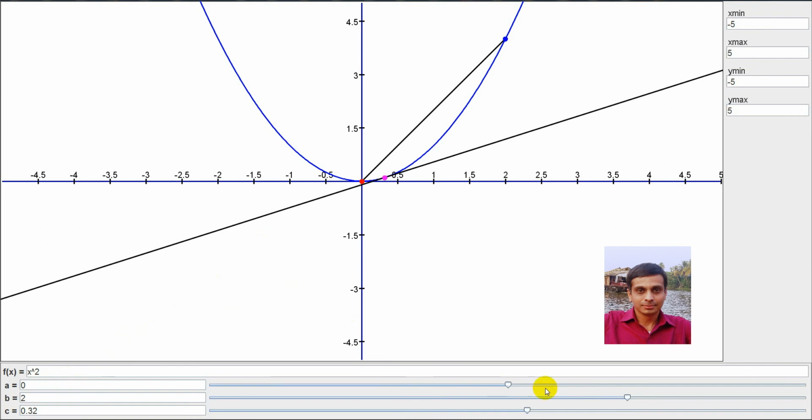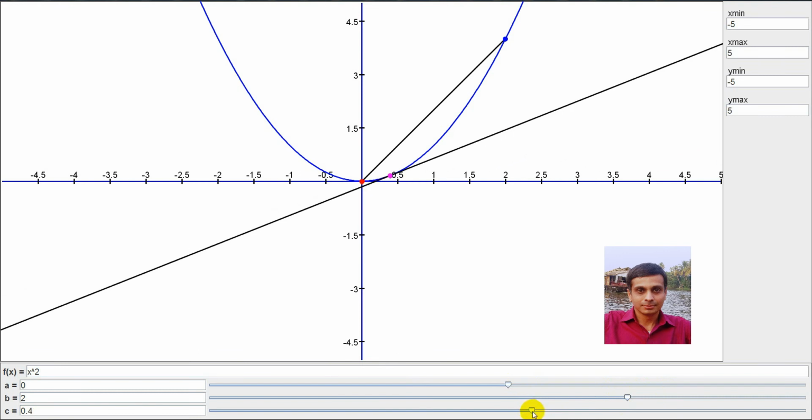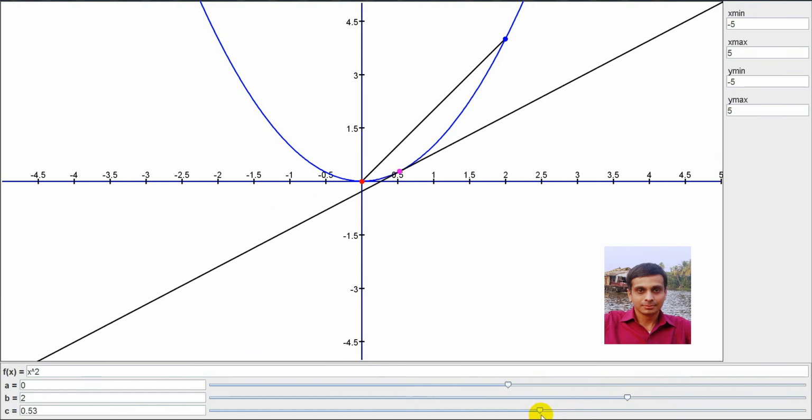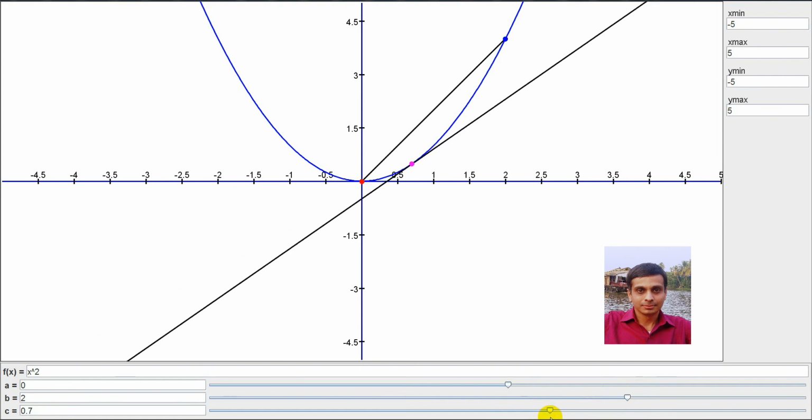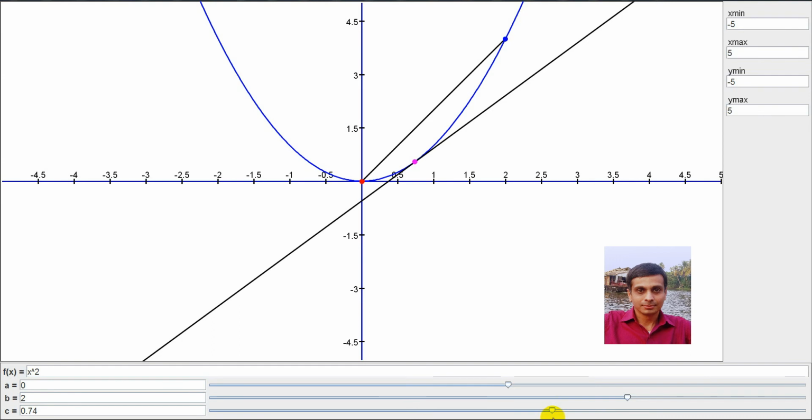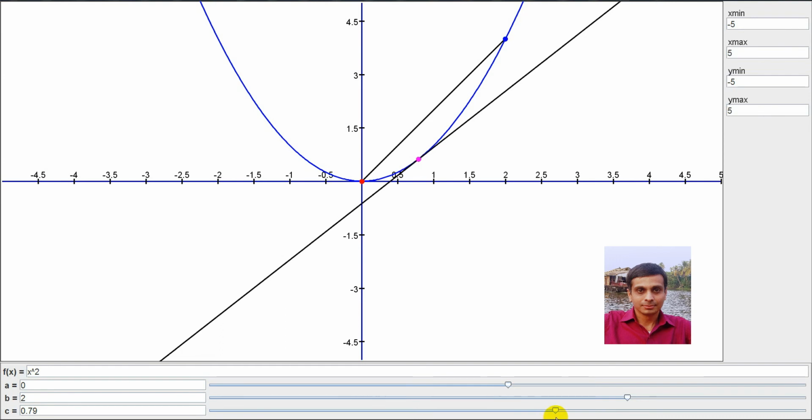Now we want to obtain a point between x = 0 and x = 2 such that the tangent drawn at the intermediate point will be parallel to this secant line. As you can see, I am trying to obtain a point between 0 and 2 such that the tangent drawn is parallel to this secant line.